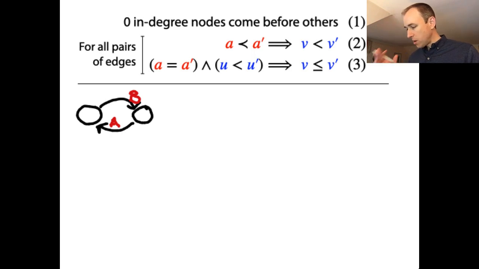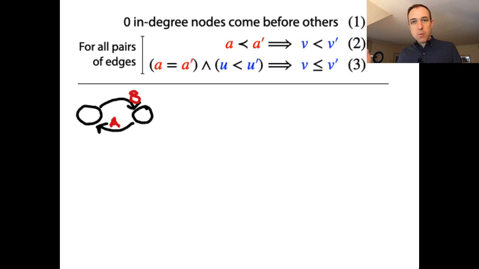There's only one pair of edges to look at in this case, and the edges have different labels, A and B. So if the two edges have different labels, which rule is relevant? Rule 2 or Rule 3? Rule 2, that's the one for edges with different labels.